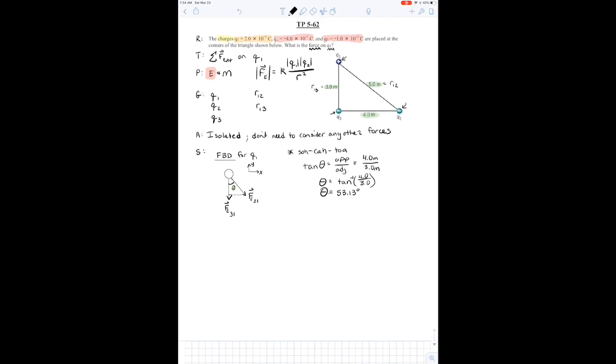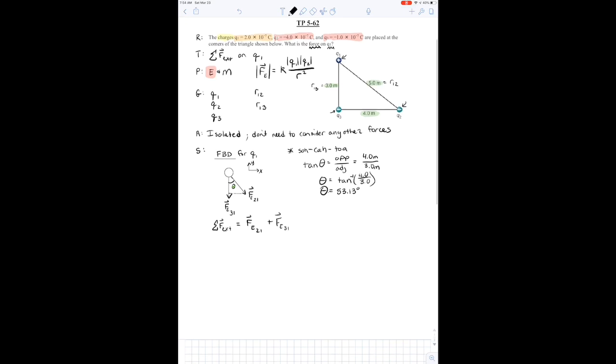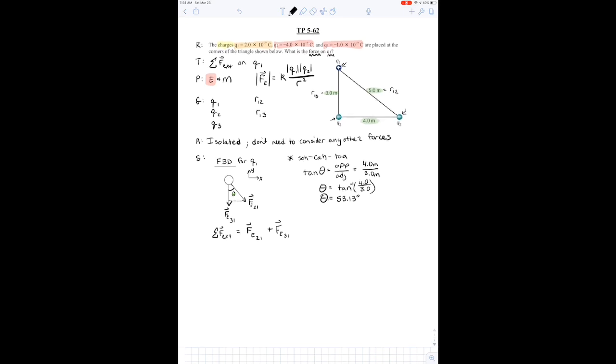All right, so now we're ready to actually do the rest of Newton's second law, applying the external forces. So when we say the sum of all external forces, that's going to be adding up the electrostatic force coming from charge 2 acting on charge 1, plus the electrostatic force coming from charge 3 acting on charge 1. We got to add those two up together. Well, these are vectors, so I got to resolve them into x and y.